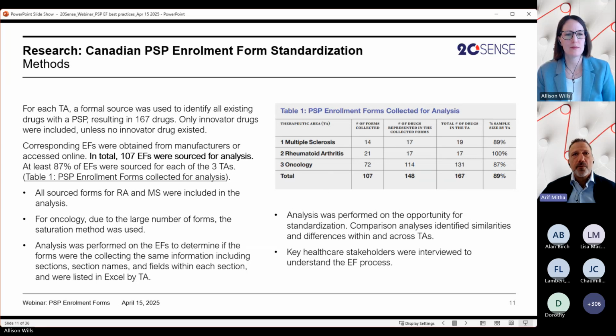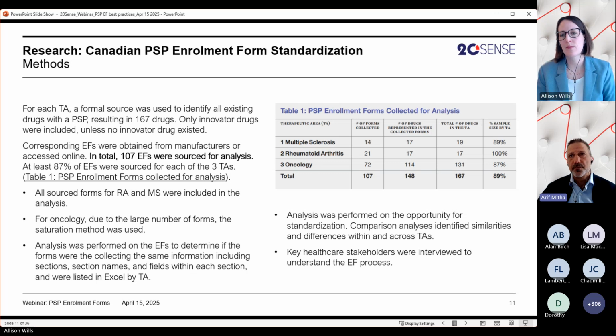So analysis was performed on the enrollment forms to determine if the forms were collecting the same information. We looked at sections, section names, and fields within each section, and these were all listed in Excel. And analysis was performed on the opportunity for standardization.